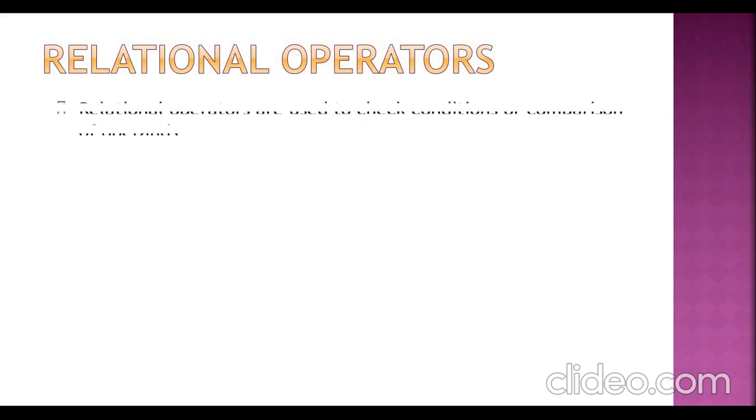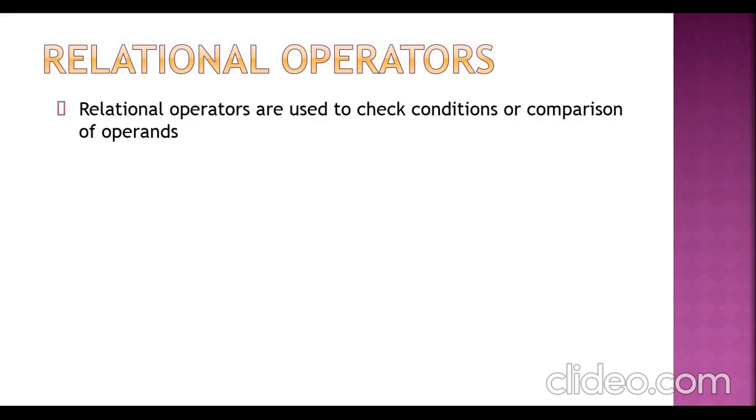Hello students, after learning about the arithmetic operators, we are going to study the next type of binary operators, which are relational operators. Relational operators are mostly used to compare two expressions. Relational operators are used to check conditions or comparison of operands.